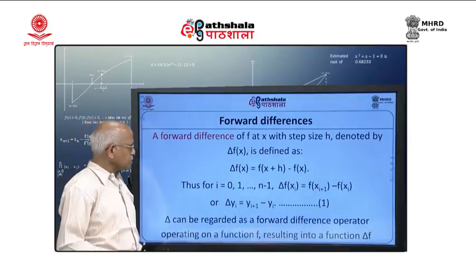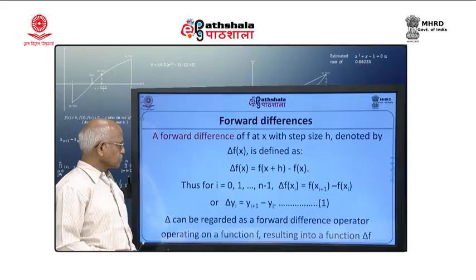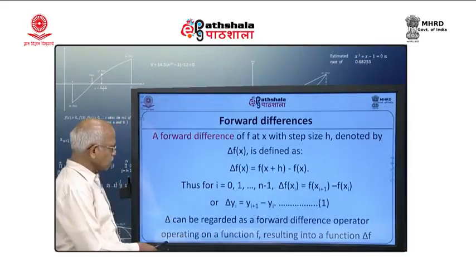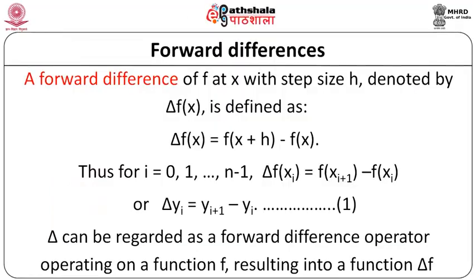The same thing can be written as delta yi, because f(xi) is yi, and therefore delta yi equals y(i+1) minus yi. So, that will be considered to be our initial definition of the forward difference.